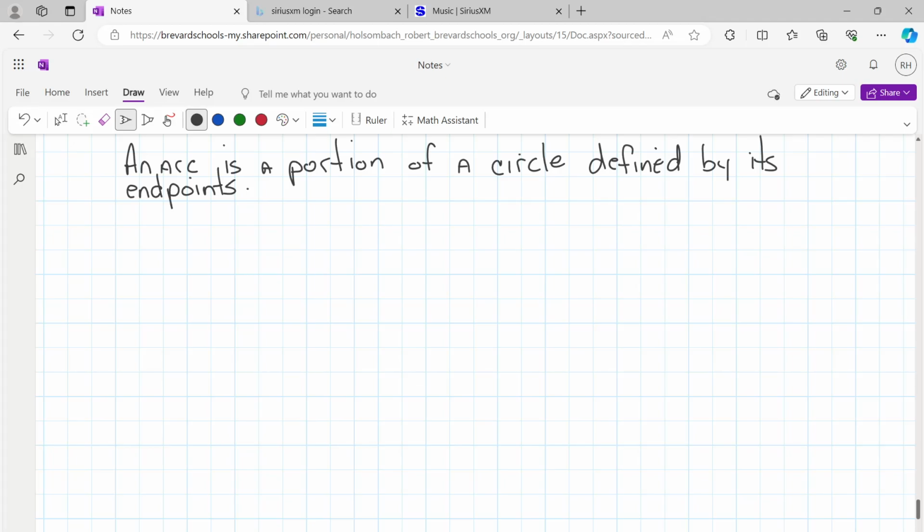A central angle separates the circle into two arcs, with measures related to the measures of the central angle.